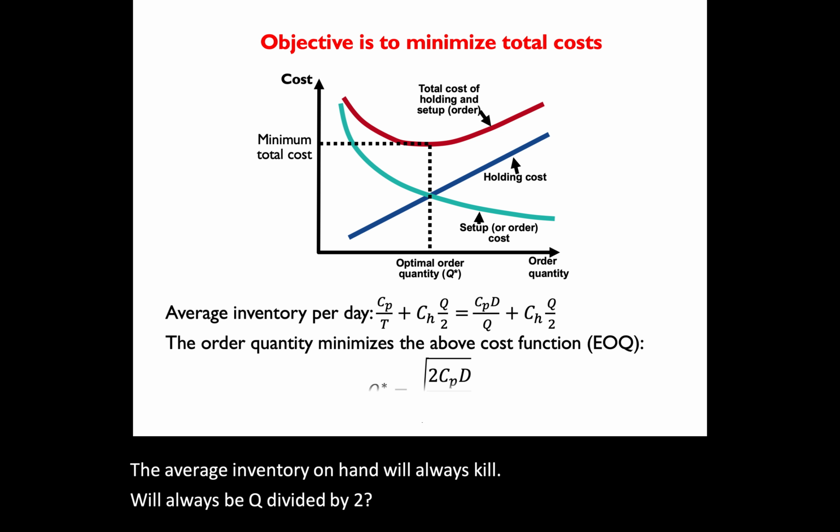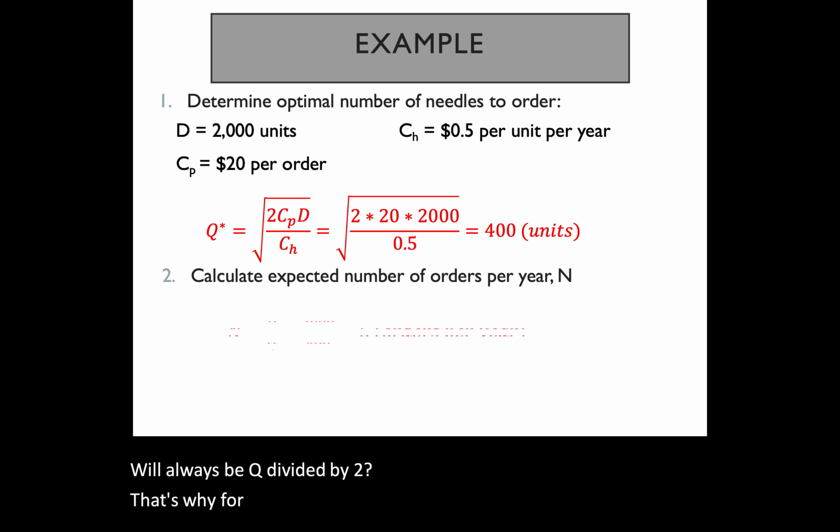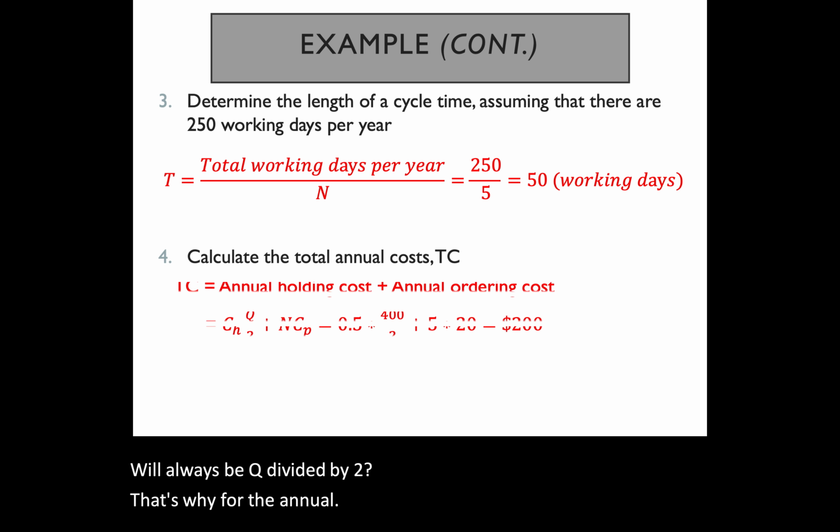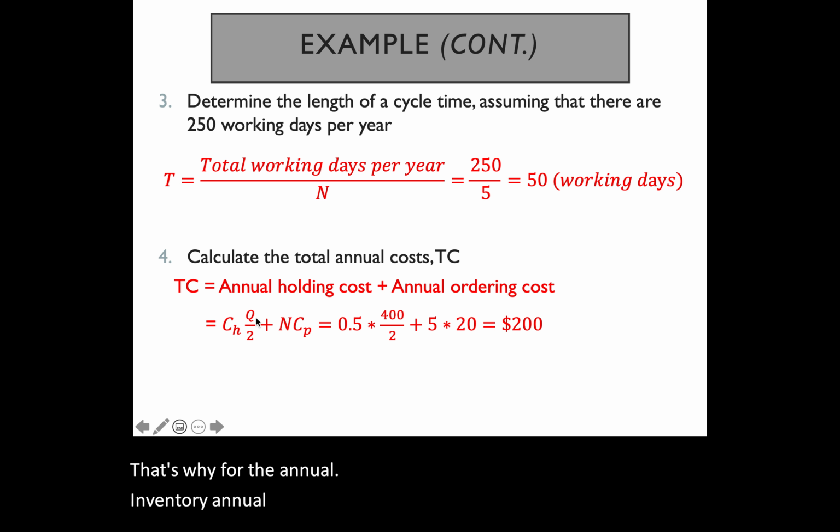That's why for the annual average inventory level, we also get Q divided by 2, okay?